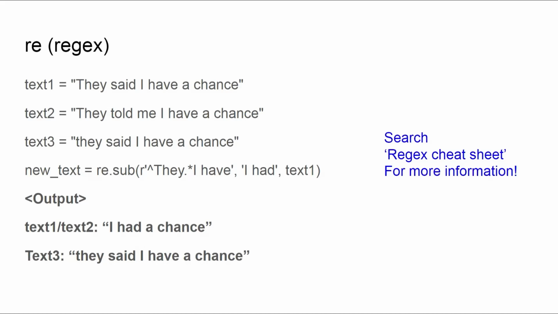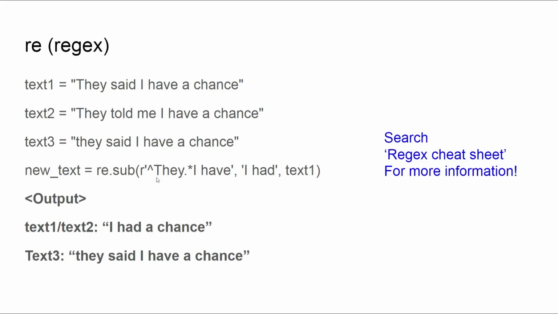If we run the re.sub function there with text1, it'll give us 'I had a chance'. Text2 is the same as well. However, text3 will give us 'they said I have a chance', which is the same as the original.